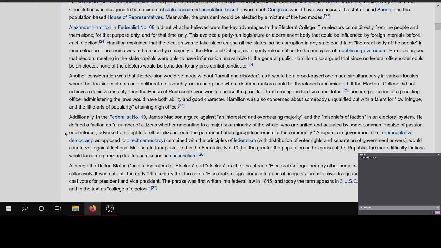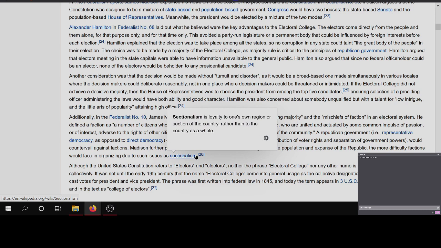A republican government, i.e., representative democracy as opposed to direct democracy, combined with the principles of federalism, with distribution of voter rights and separation of government powers, would countervail against factions. Madison further postulated in Federalist No. 10 that the greater the population and expanse of the republic, the more difficulty factions would face in organizing due to such issues as sectionalism.